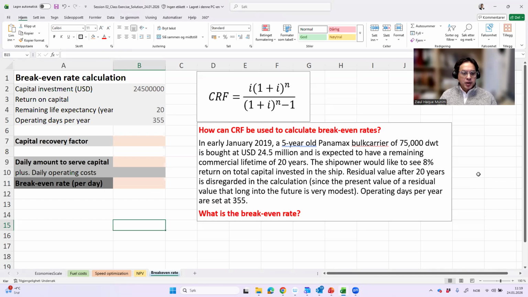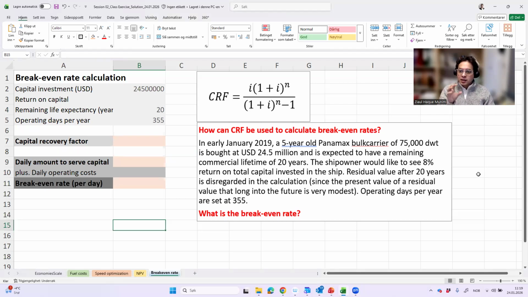And in this video, we are going to look into an example of break-even rate calculation for shipping investments using CRF, capital recovery factor. Sometimes we also use the NPV approach to calculate the break-even rate. So let's say for a particular rate of return, if the NPV becomes zero, that is your break-even rate.